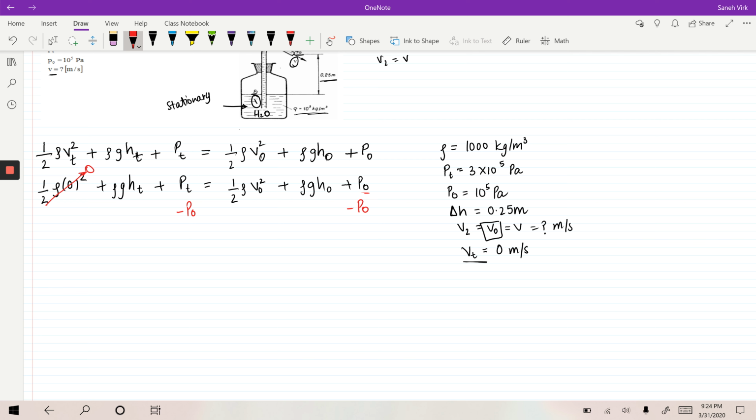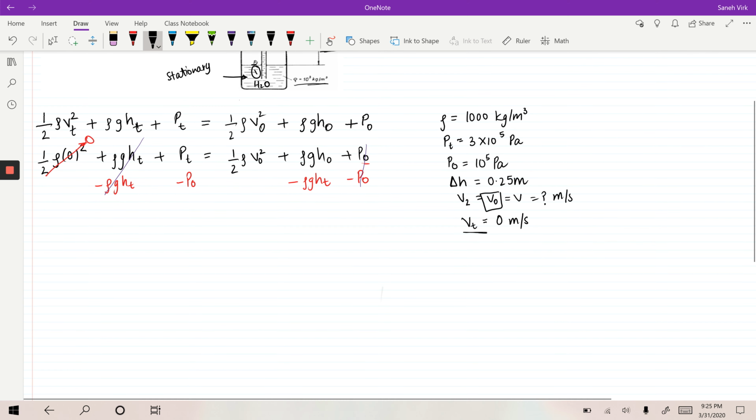And then I'm going to subtract rho g ht from both sides, rho g ht minus rho g ht. So I'm using purple to cancel out the terms. So this cancels out, and then this cancels out.